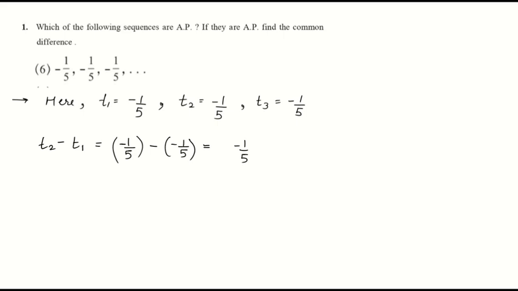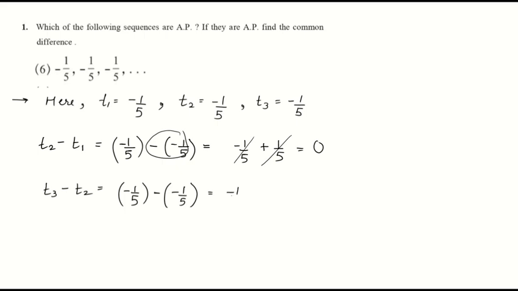Minus into minus is plus 1 upon 5, so minus and plus get cancelled and we get 0 as the answer. In the same way, for T3 minus T2, we have minus 1 upon 5 minus minus 1 upon 5, which is minus 1 upon 5 plus 1 upon 5. Both get cancelled and we get the difference as 0.